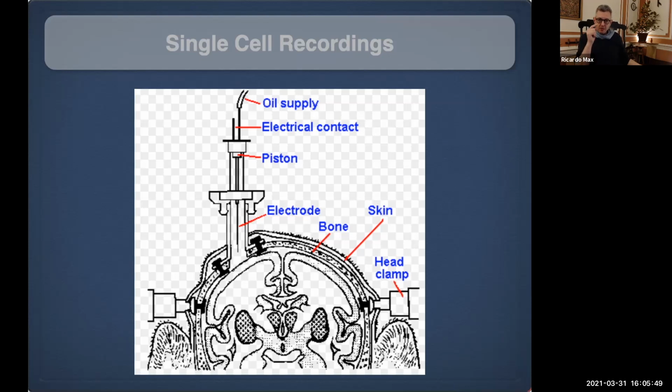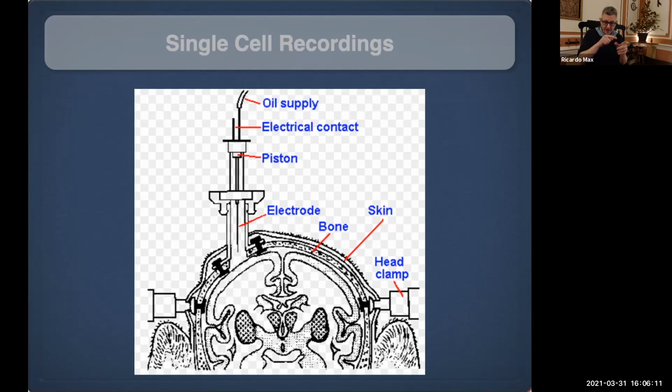Which cell is chosen? It's not chosen. Whatever cell it arrives at, it works. It's a kind of trial and error process, because the probe may touch two cells at the same time, or it may touch a small dendrite.